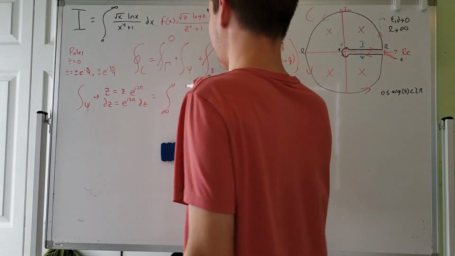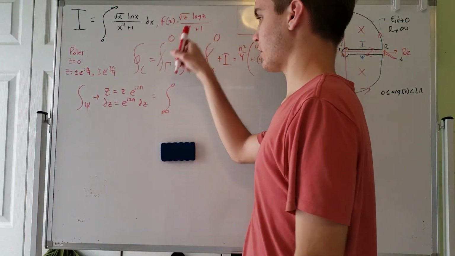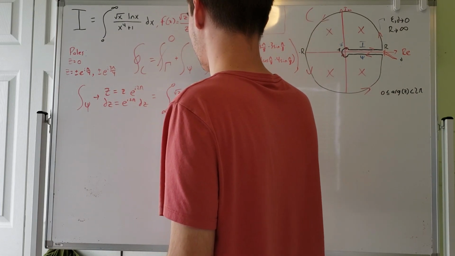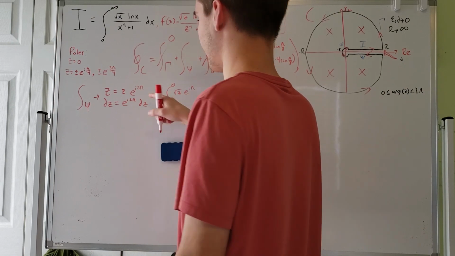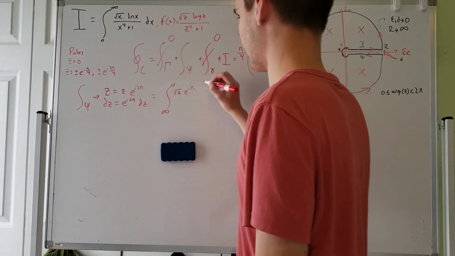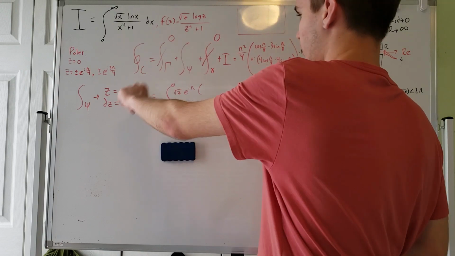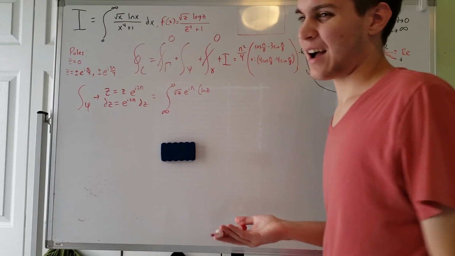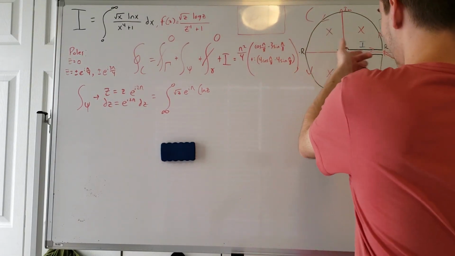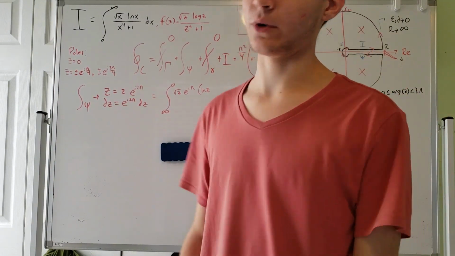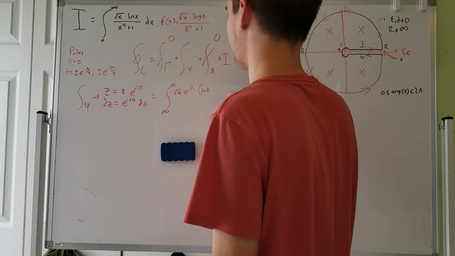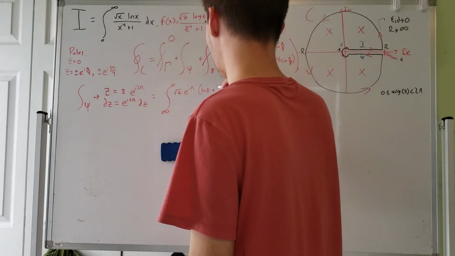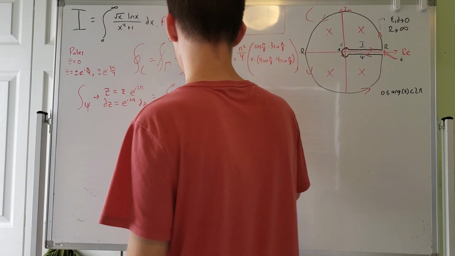So anyway, when we take the square root, we're still going to have root z times e to the i pi, because it's part of the square root. And now the logarithm of this can be split into ln z, and I'm using ln z here because it's effectively on the positive real axis, so it's a real number, plus the logarithm of this, which is just going to be 2 pi i.